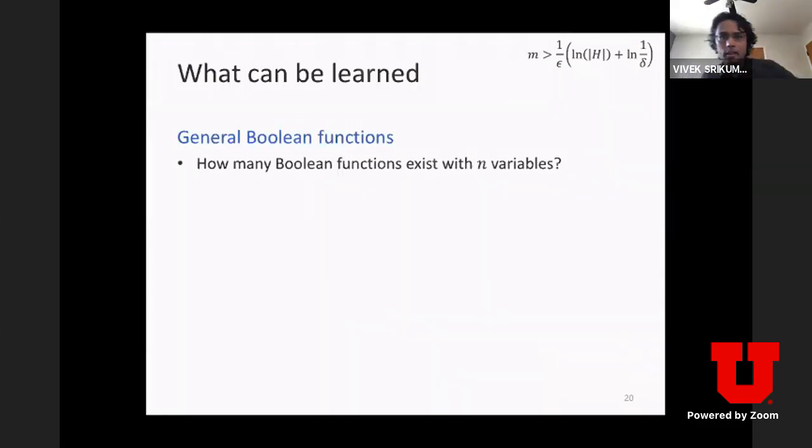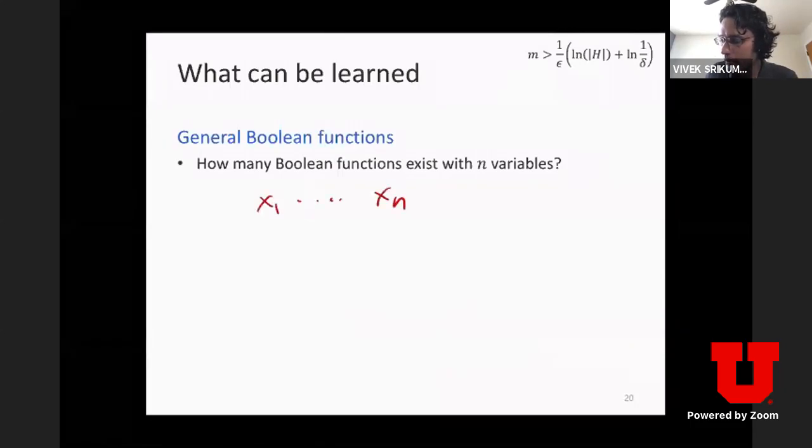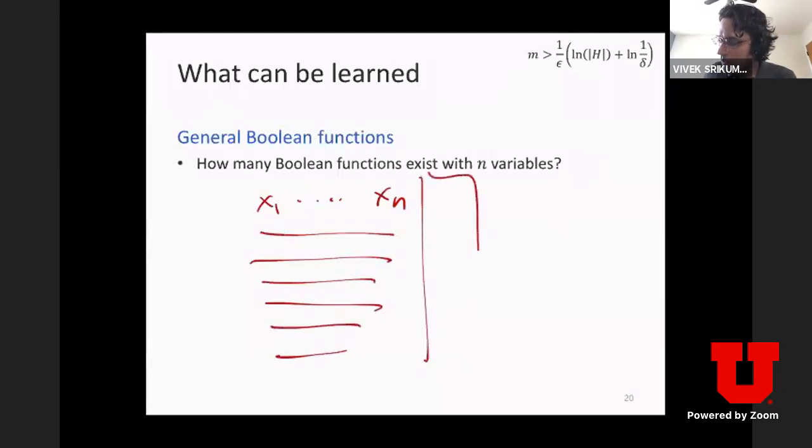So how many functions are there? The way to think about this is a Boolean function is basically assigning the last column of a truth table. Imagine you have x1 through xn, and you're filling out the truth table, and let's say this last column is the function y.